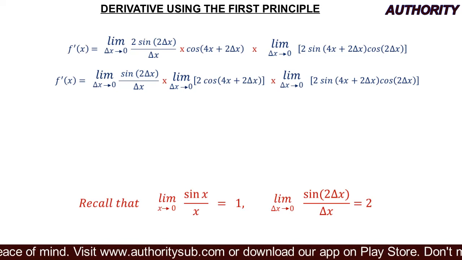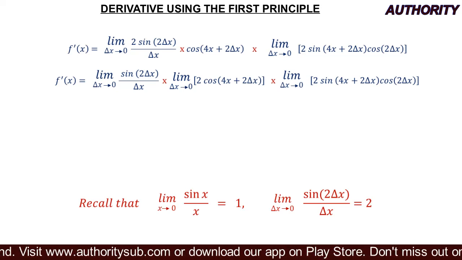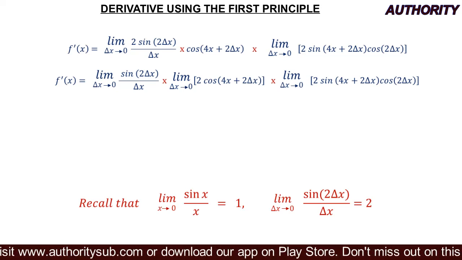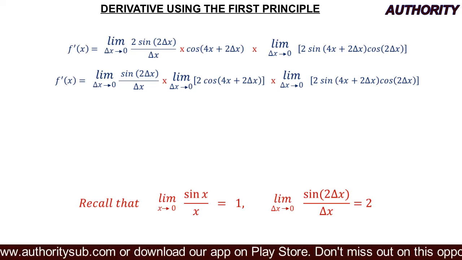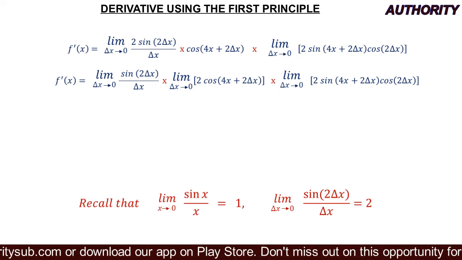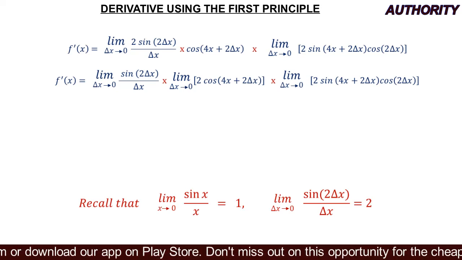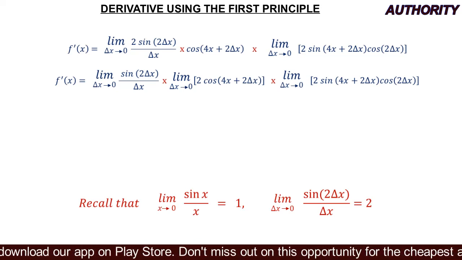Is equal to what? 2. So here we have limit as change in x approaches 0 sin 2 change in x all over change in x is going to give us 2. Then let's go. We are going to plug in the limits, okay, change in x as it approaches 0.